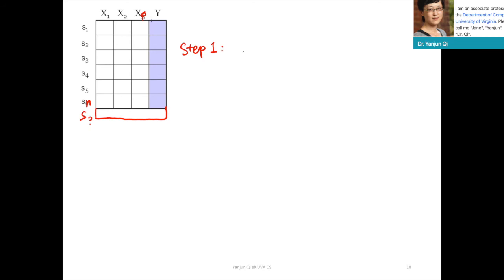So when I'm calculating the distance of this versus the S question mark, this is a p-dimensional vector, and this is a p-dimensional vector. So what is the cost to calculate this using Euclidean distance?